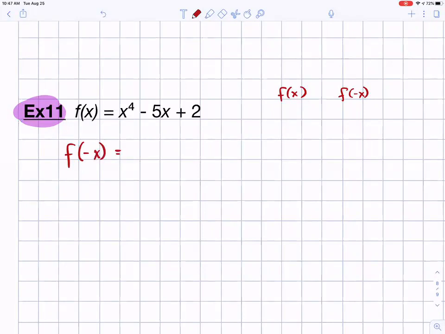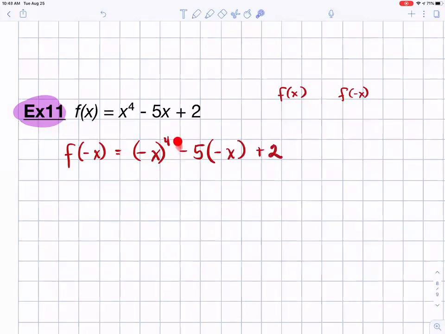How am I going to change the first piece? Guys, don't just do mental work here. Remember the directions said show your work. You actually have to put it on paper. Okay? Negative x, just like that. Where's my parentheses? Minus 5 times negative x plus 2.